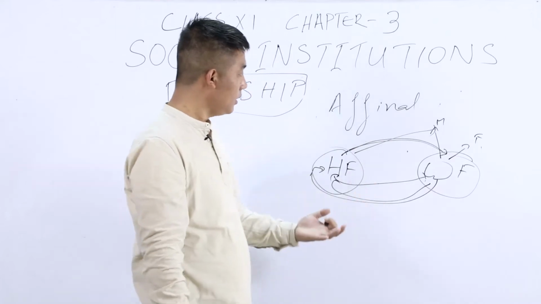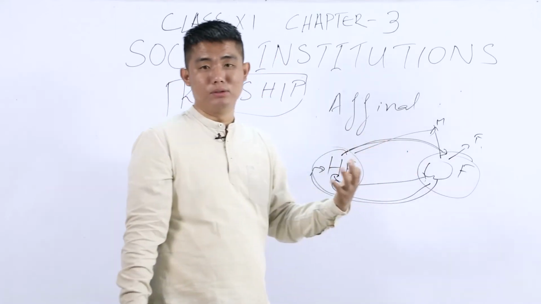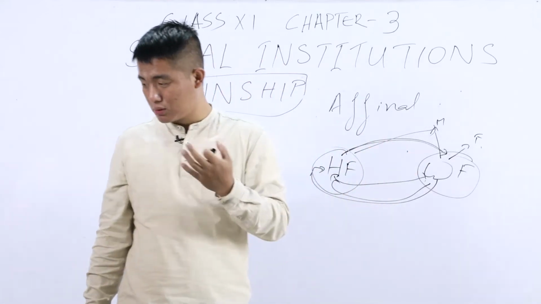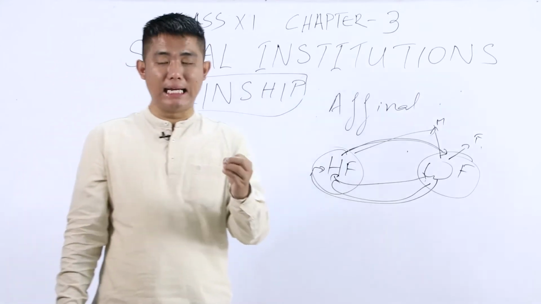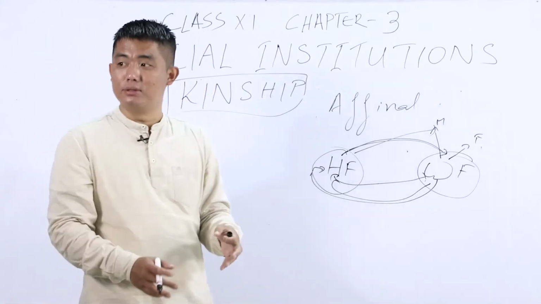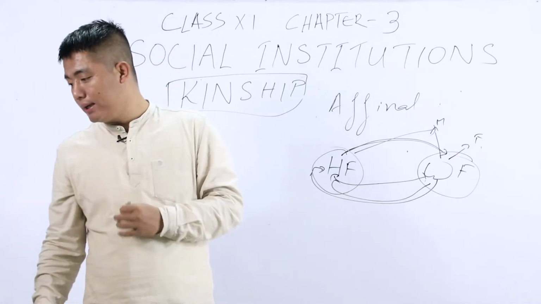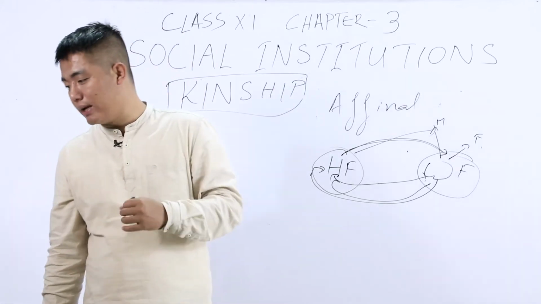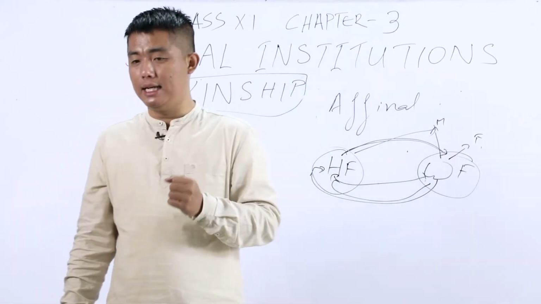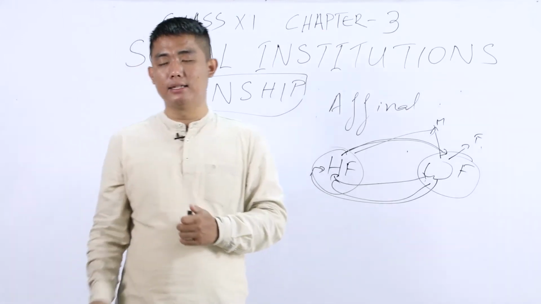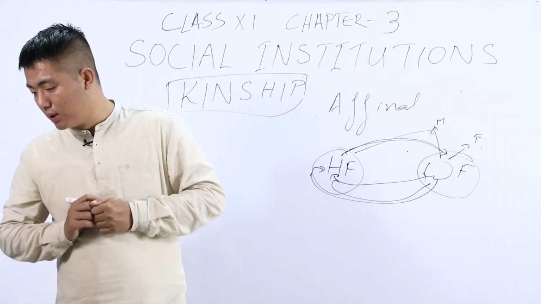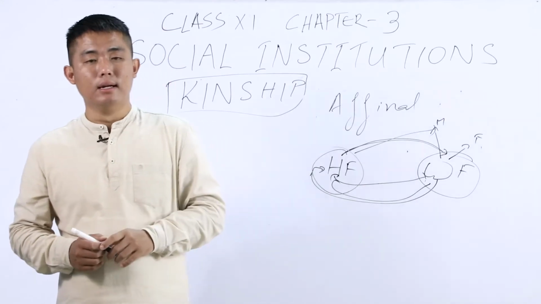All such relatives are called affinal kins, and are also called affines, A-F-F-I-N-E-S.